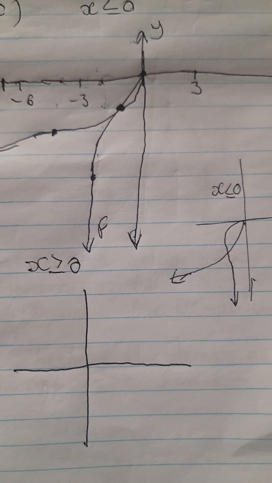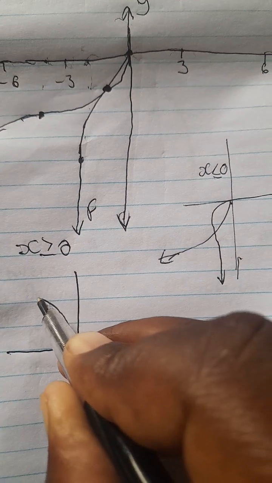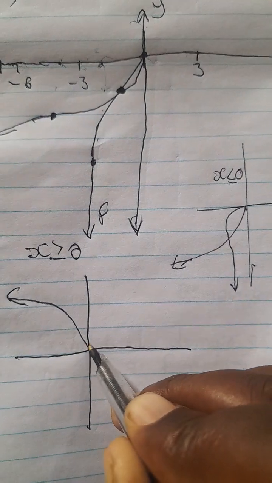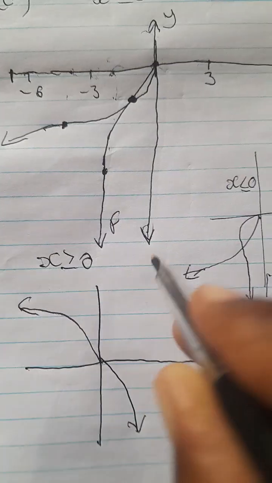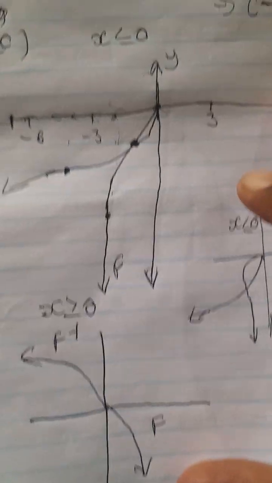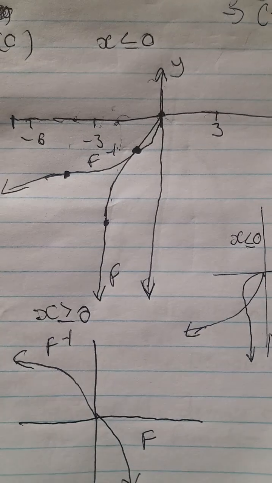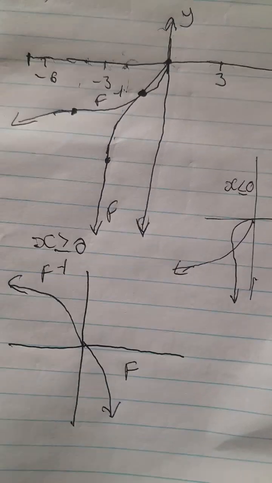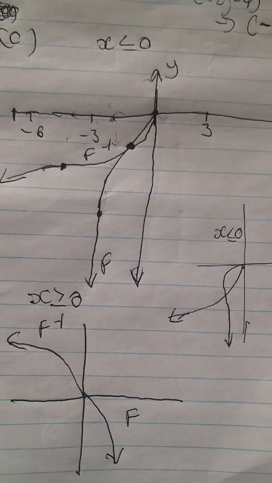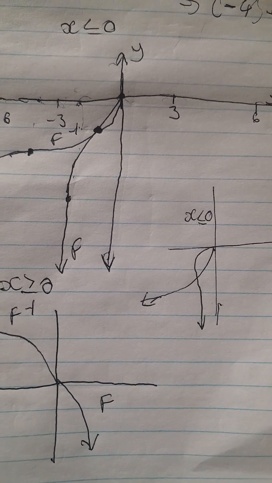So the other arm, you are going to have something like this. So this is the inverse, and this is the original graph. So remember here the inverse will be this graph, right? You can use different colors so that we can see which one is the inverse and which one is not. I hope I'm making sense there. Am I making sense?